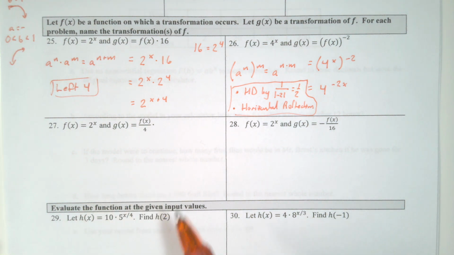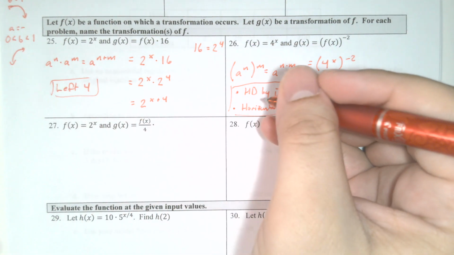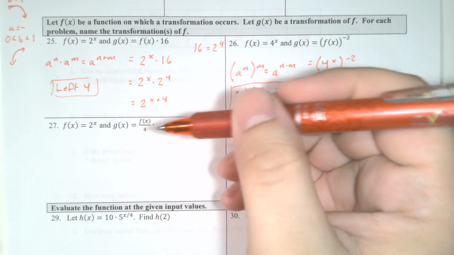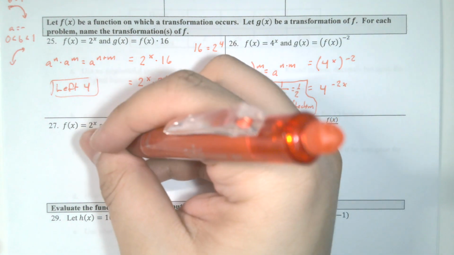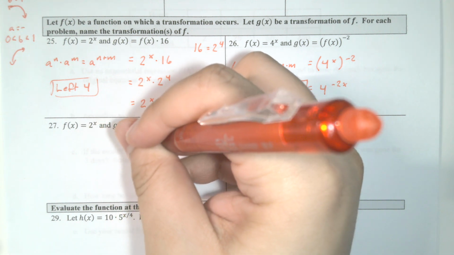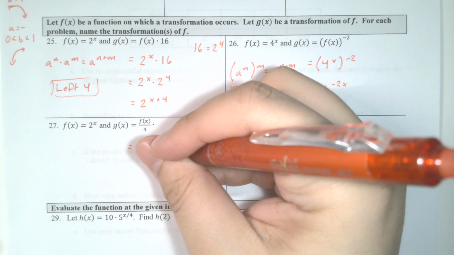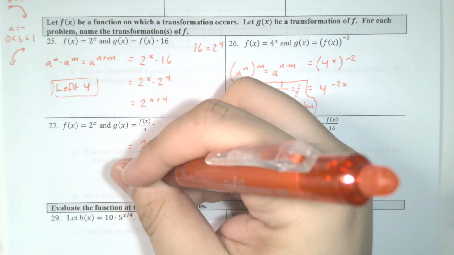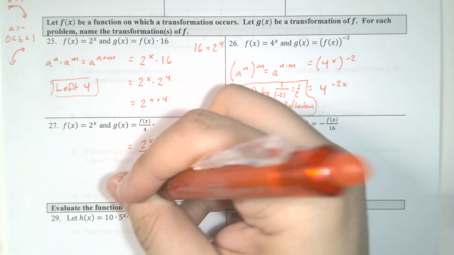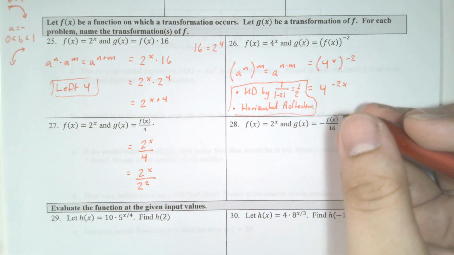Now, what about number 27? Similar, we're just going to replace f of x with 2 to the power of x, which means that we can write this as 2 to the power of x divided by 4, which we can write as 2 to the power of x divided by 2 squared.